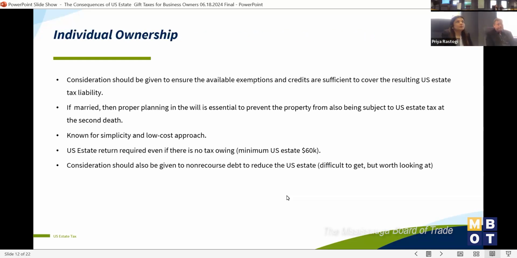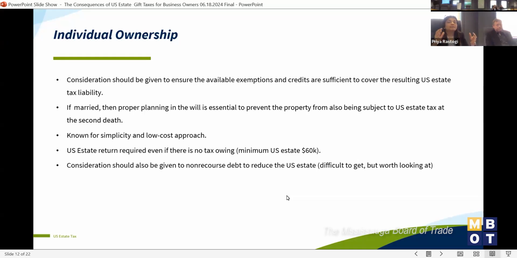So individual ownership is the simplest and lowest cost approach. Consideration should be given to ensure that there's an available exemption and credits sufficient for the individual to cover the US estate tax liability.